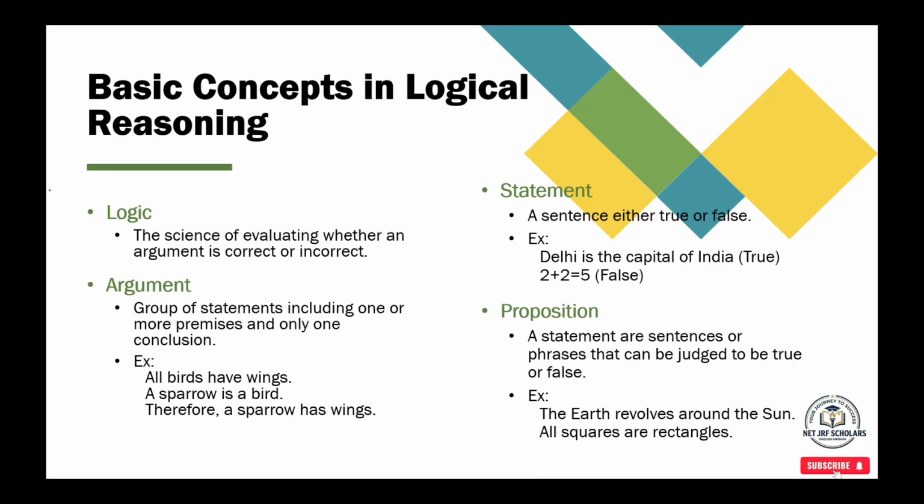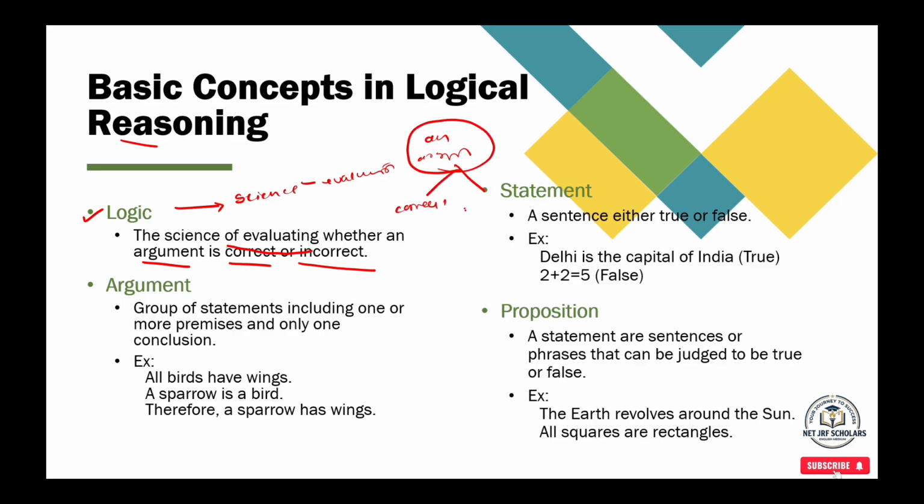So let's get started. The basic concepts in logical reasoning: first we need to understand what is logic. Logic is a science of evaluating whether an argument is correct or incorrect. So logic is basically a science. What does it do? It evaluates an argument as either correct or incorrect.